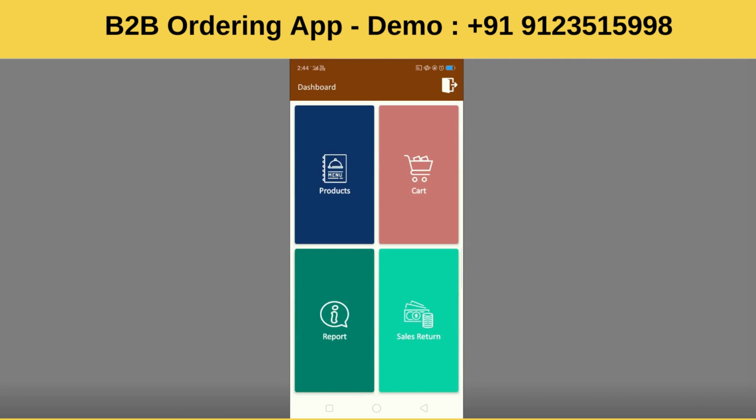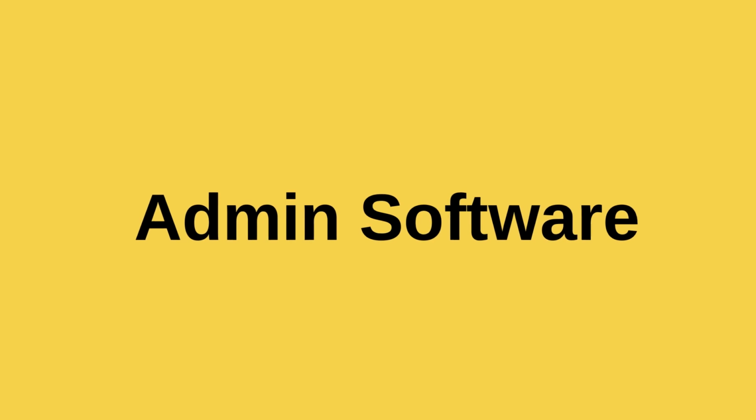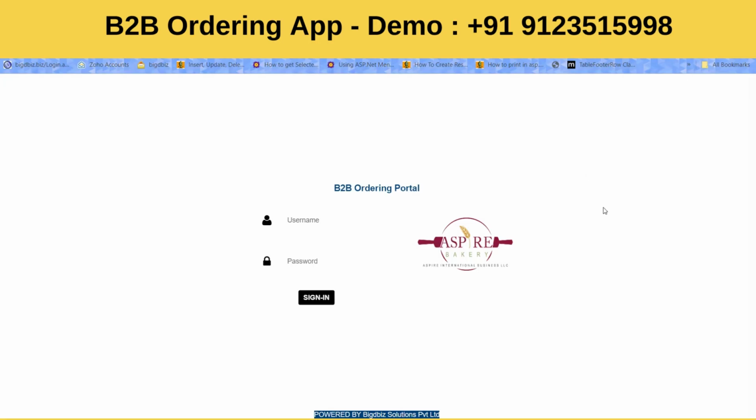Now let us see how it looks as a report in the administrator login and how we can control the product details and other reports. So now I have come inside the administrator login. I use a username and password.